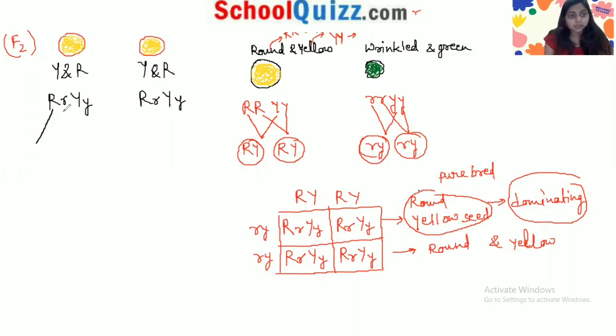Firstly, capital R and capital Y, then capital R and small y, then small r and capital Y, and small r and small y. So these are the four combinations, or you can say the four gametes, which are formed.